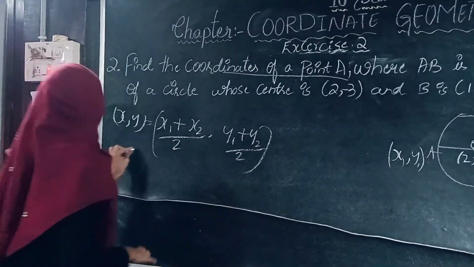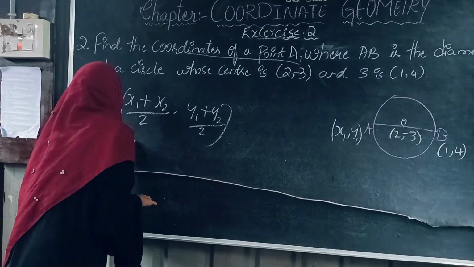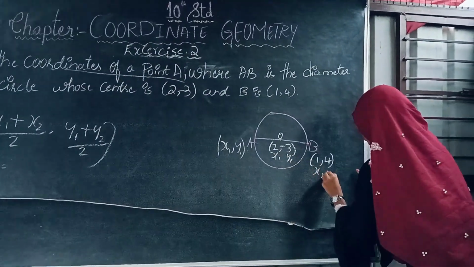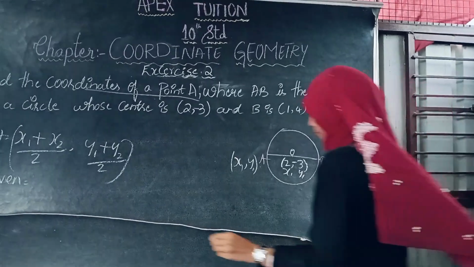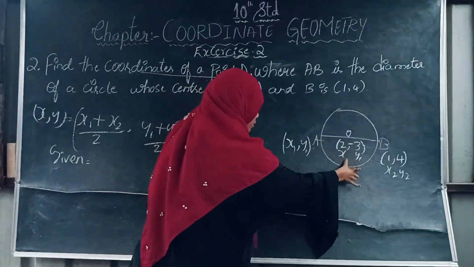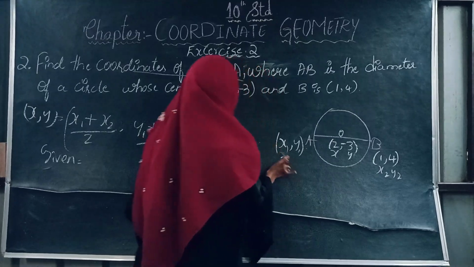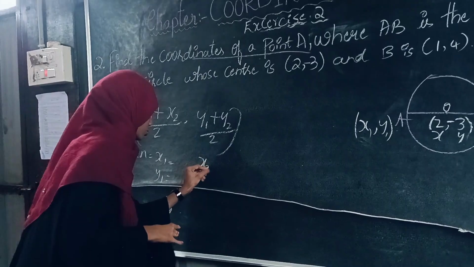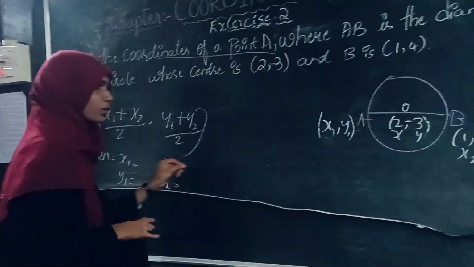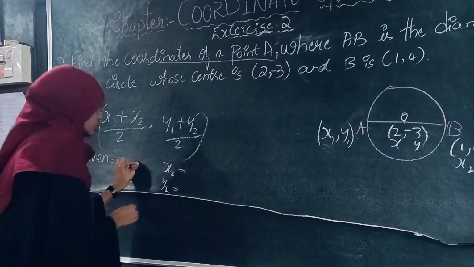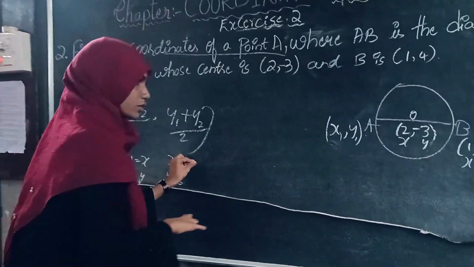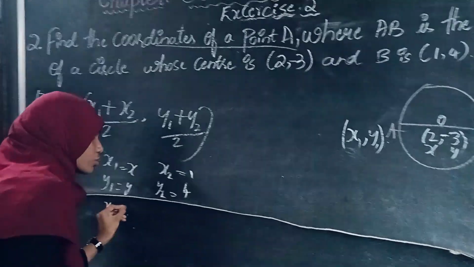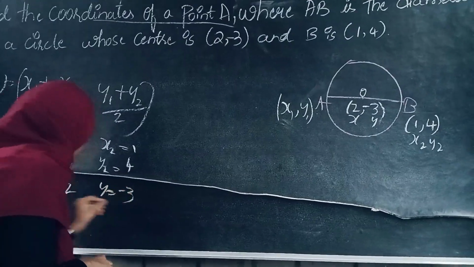Then we will write given: x1 y1, x2 y2. x1 y1 is x y, x2 y2 is 1 4, and x is equal to 2, y is equal to minus 3.